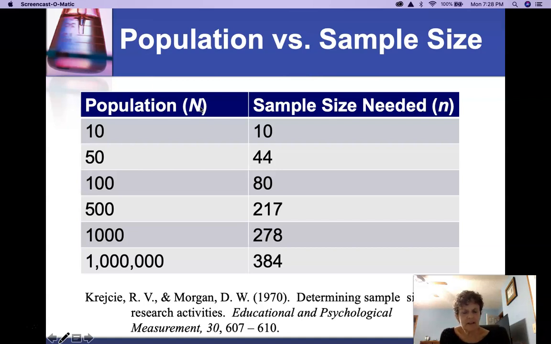So obviously, the smaller your population is, the larger sample size you need to be able to generalize your data. And you see once you get to 100, it's 80 needed, 500, it goes down to less than half. There is actually a chart, and you can find these charts everywhere about population or sample size. This is just one reference to have a chart like that.